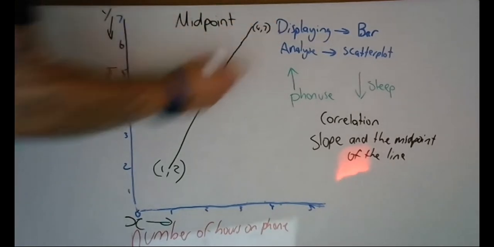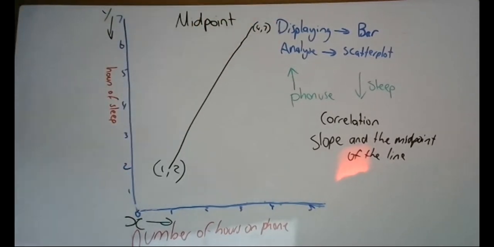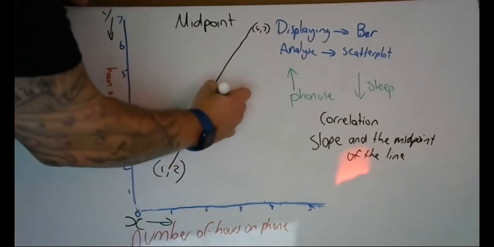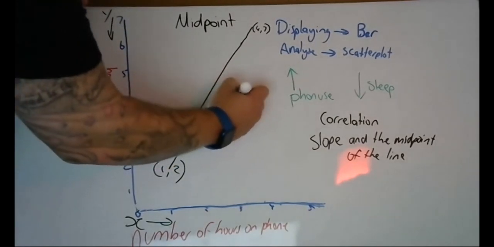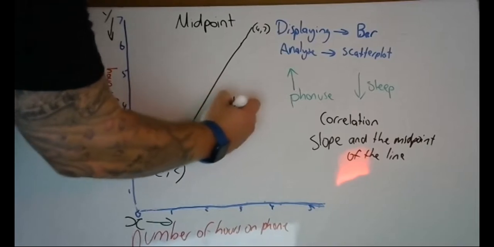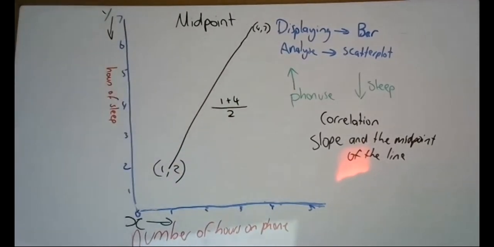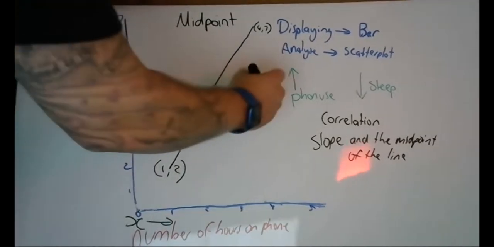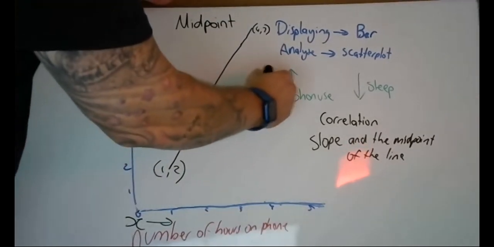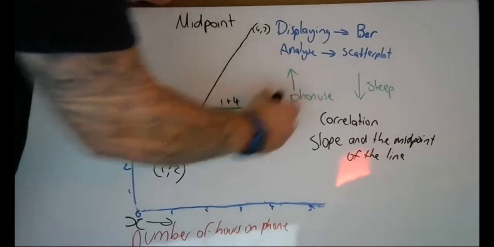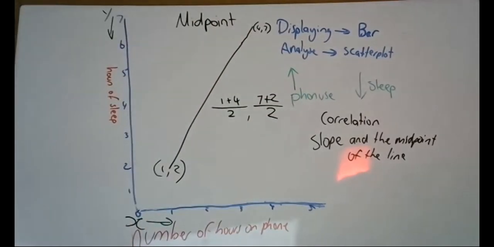You add the two x values, 4 and 1. 1 plus 4 divided by 2. Then we have 7 plus 2 divided by 2.